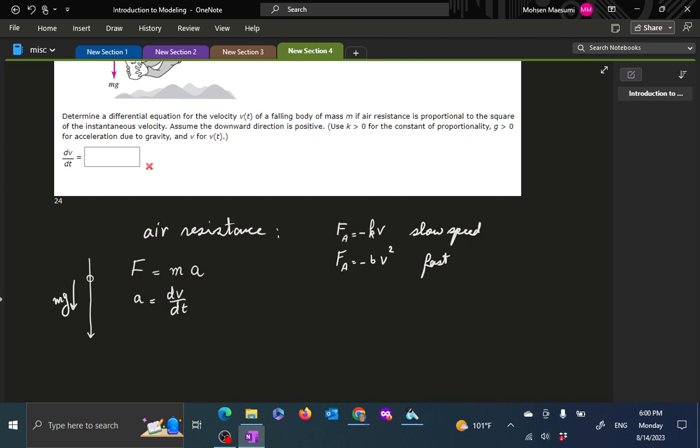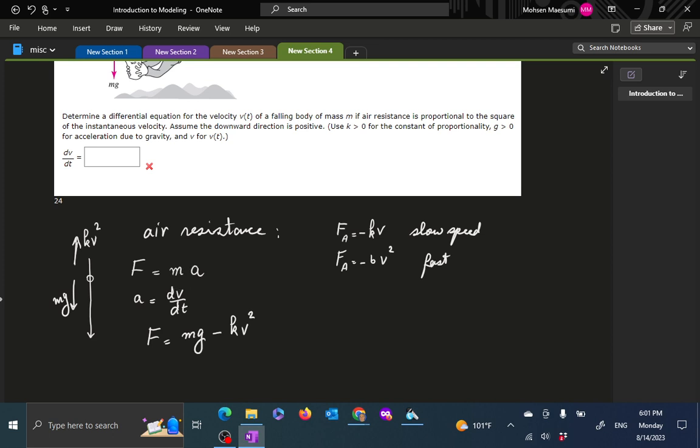So mg is the weight pulling him down, and due to his fast velocity, there is air drag on him that pushes back on him, and that one is kv squared. So the force is made of two components: mg, because he is falling, and then kv squared, which is the air resistance on him.